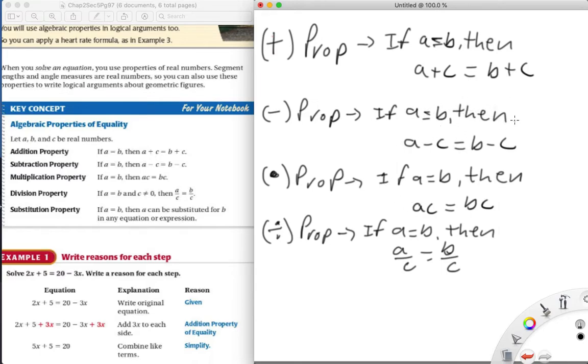If I subtract something from both sides, it'll be equal. If I multiply both sides by the same thing, it will be equal, and if I divide.